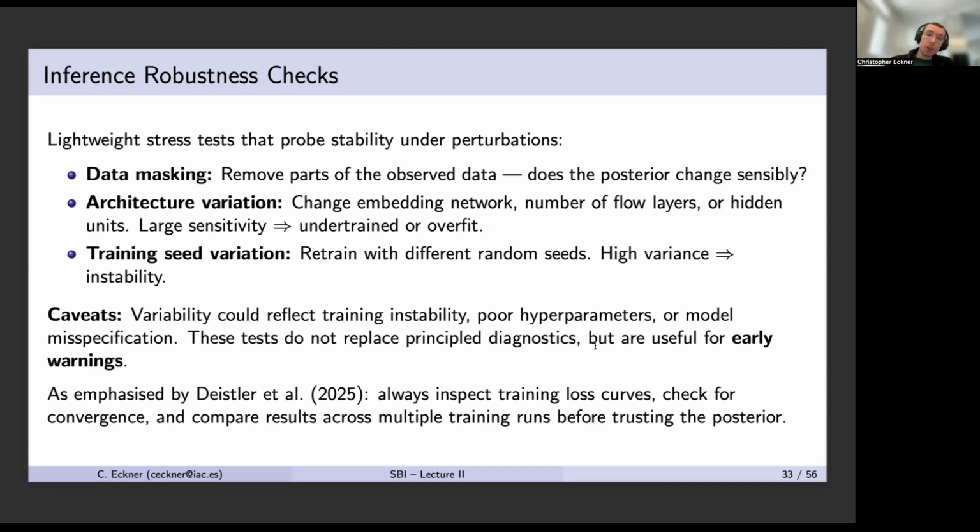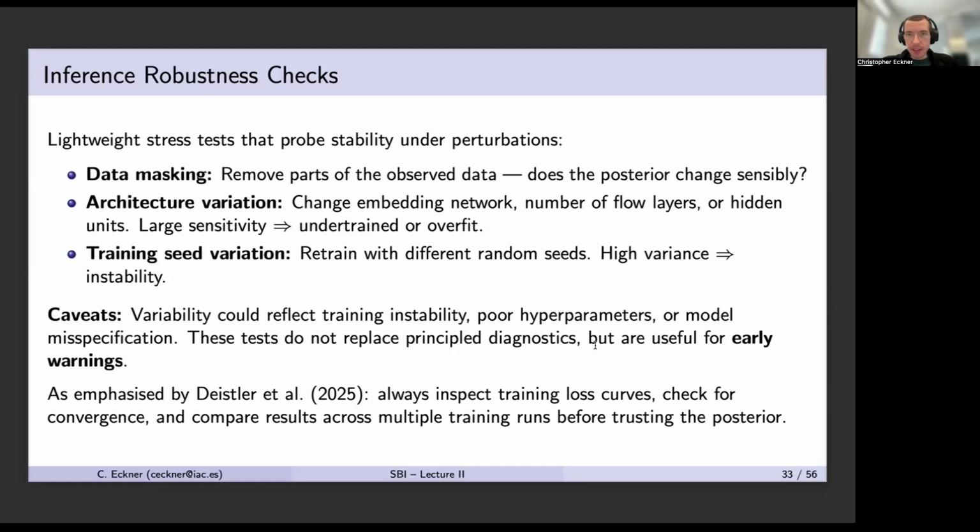Then you can also start changing the architecture of your embedding network that derives the summary statistic, or change the layers of the normalizing flows. How many hidden layers do you have there? Is there any sensitivity to undertraining or overfitting the data? What is the validation curve that I get?